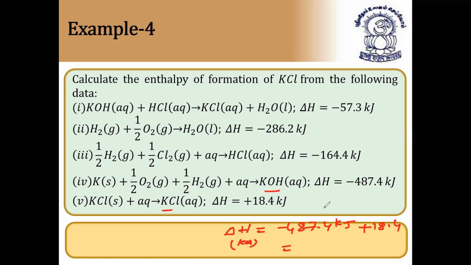But here we should take formation into consideration. So let us see here again and do it for your understanding. So take this as first, the starting material is potassium hydroxide. Potassium hydroxide plus HCl gives rise to potassium chloride plus water. So take this as delta H1, and delta H2, because water is formed from this.